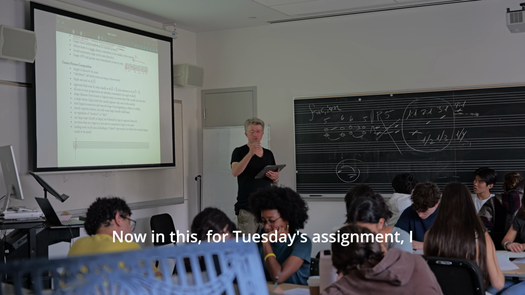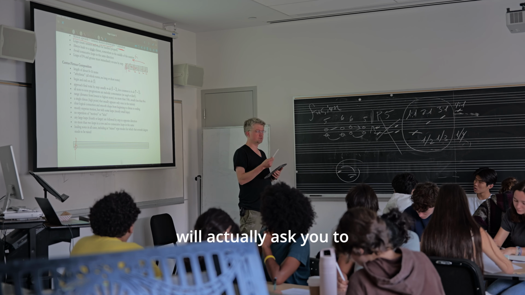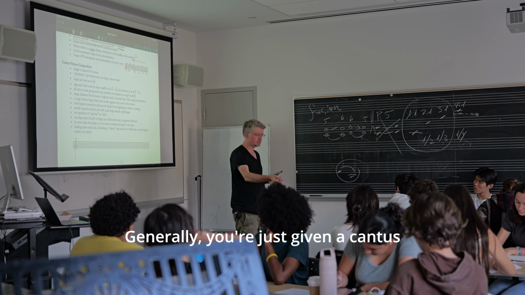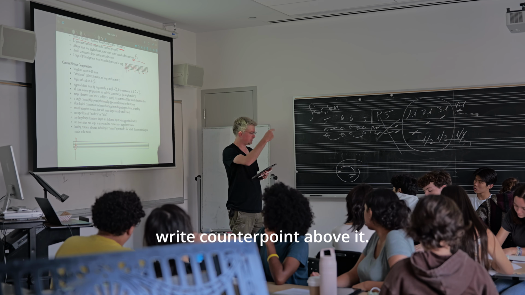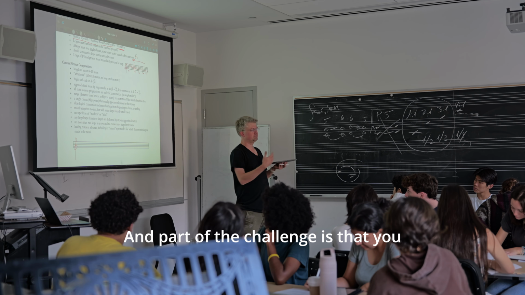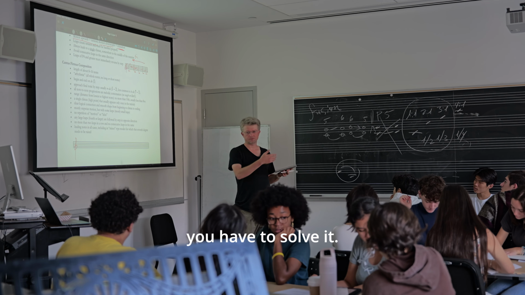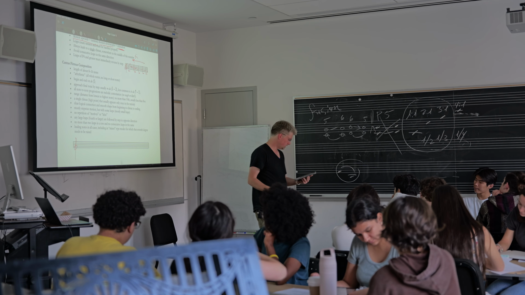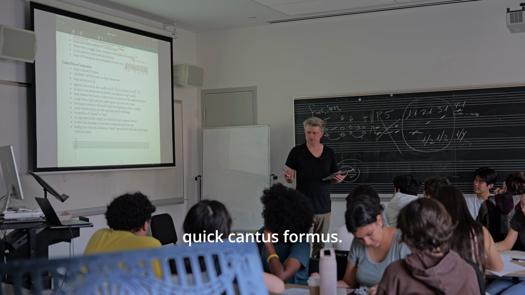Now for Tuesday's assignment, I will actually ask you to invent your own cantus firmus. Generally, you're just given a cantus firmus, and you'll write counterpoint above it. And part of the challenge is that you have this melody and you have to solve it. You have to write counterpoint that works. But we'll just make a quick cantus firmus.